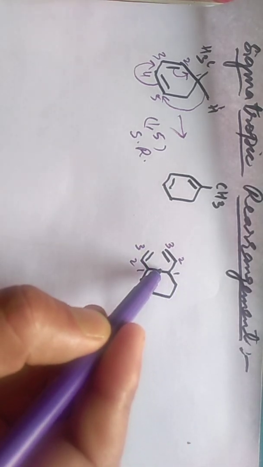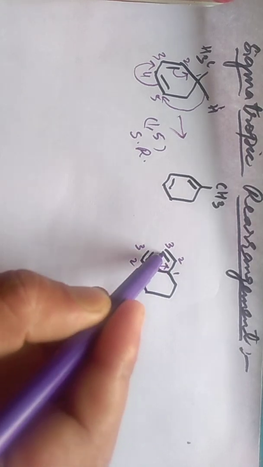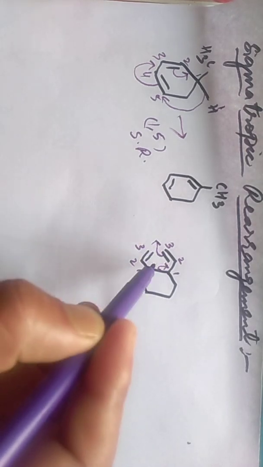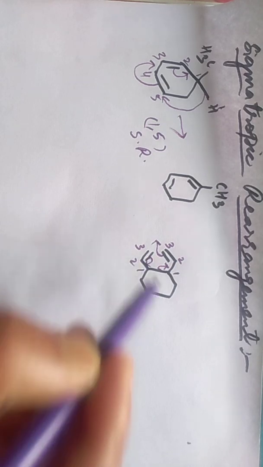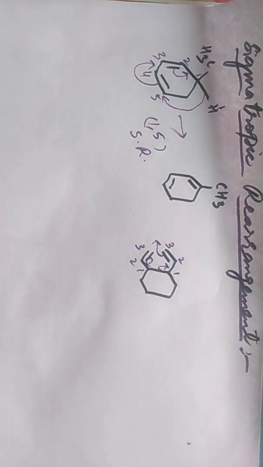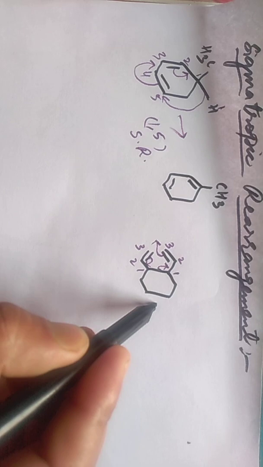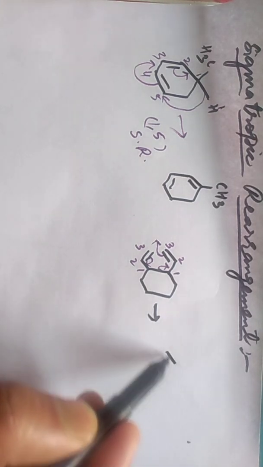Now this bond shifts to this position, this bond shifts to this position, and this bond shifts to this position, and we get the product like this.